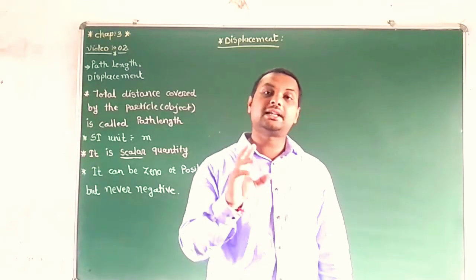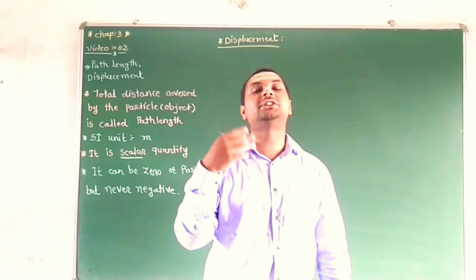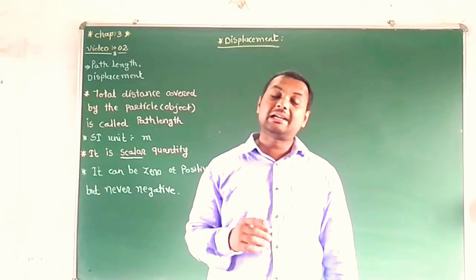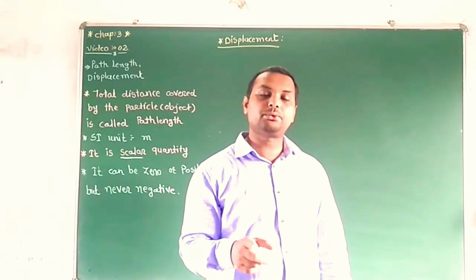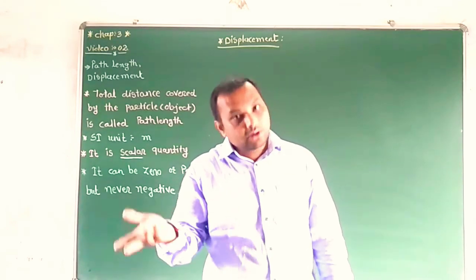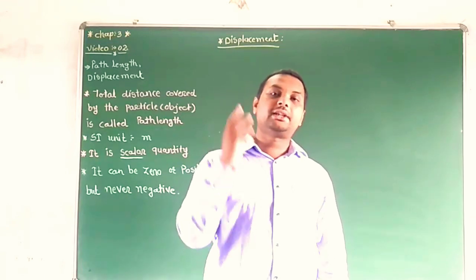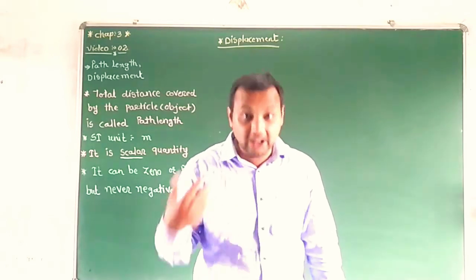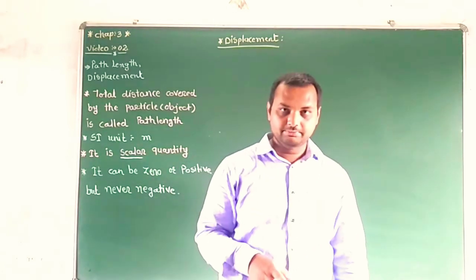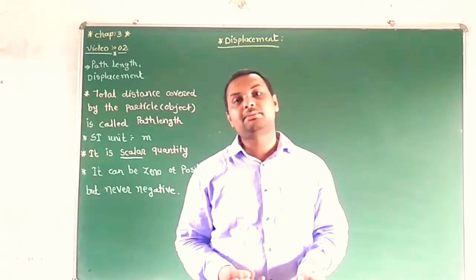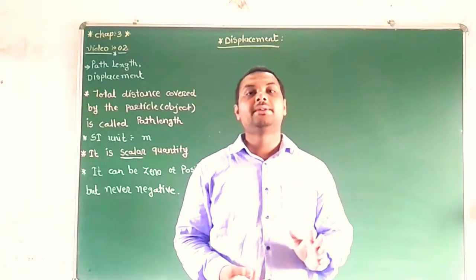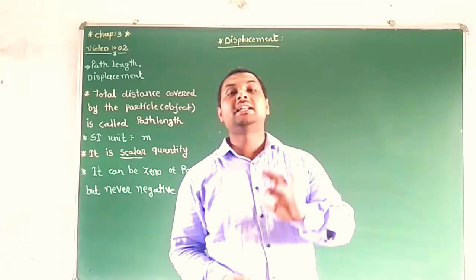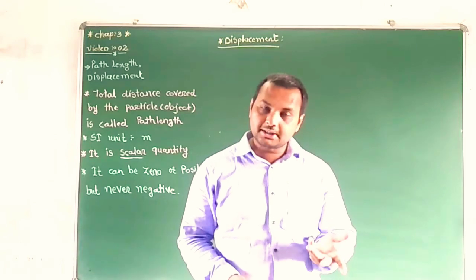Final minus initial, that is called change in position. आपने कितना change किया अपनी position में, that is called displacement. अगर आपकी initial position and final position same है तो displacement always zero. जैसे कि आप घर से निकल के हमेशा वापस कहां जाते हो? घूम फिर के वापस घर. So daily displacement is zero because your initial position and final position at the end of the day is same. And formula: final position minus initial position, that is so-called displacement.